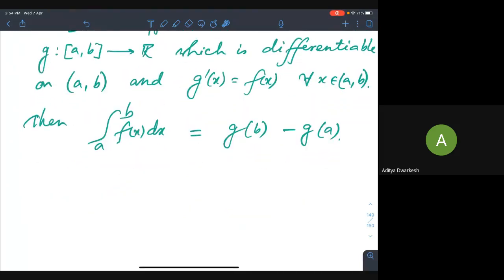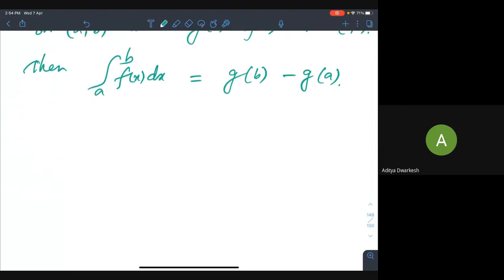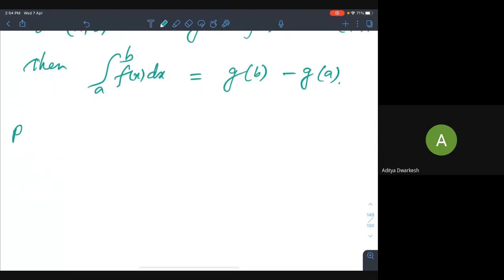But let's see a proof now. Have you seen a proof in the first semester? Because it uses Riemann's definition only, so you must have seen a proof. Maybe it depends on whether there was time. I think in the second semester we saw a proof.